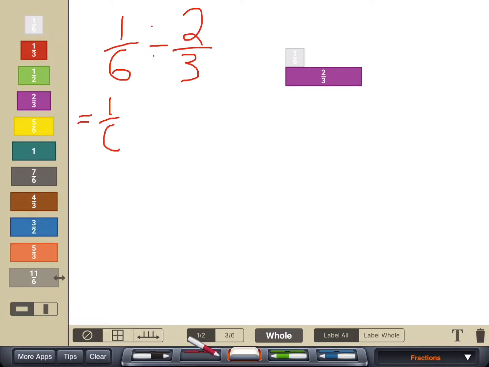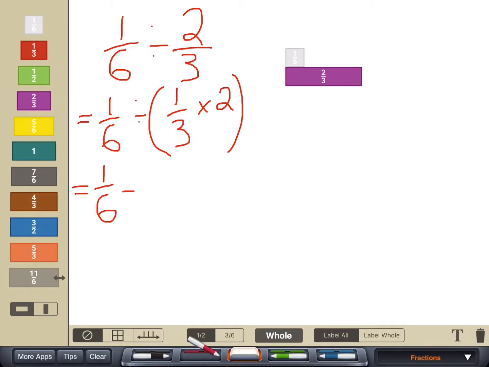So I'm going to divide 1/6 by 1/3 times 2. So I've broken 2/3 into 1/3 times 2. Okay? And that's within brackets, so when I take away the brackets, I'm going to be dividing 1/6 by 1/3 and then dividing again by 2.